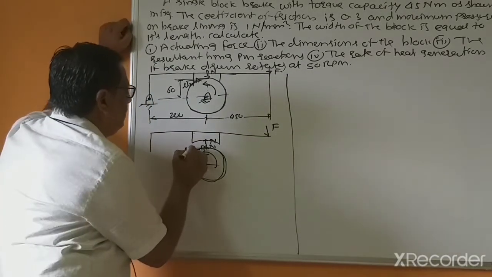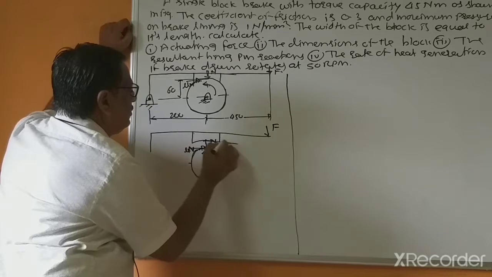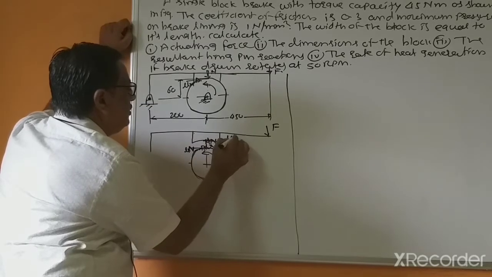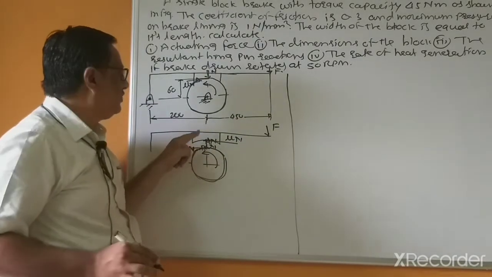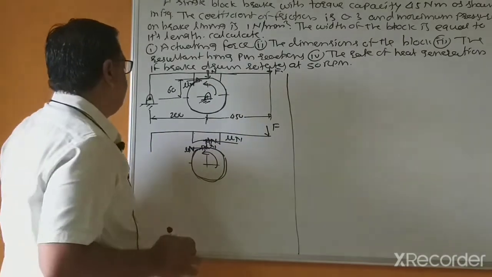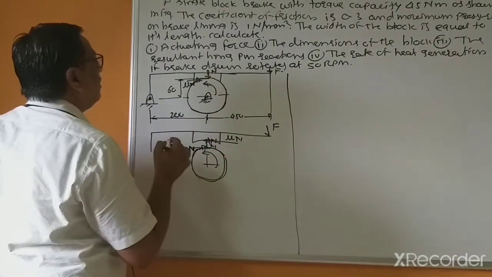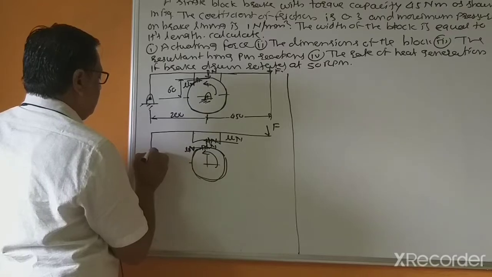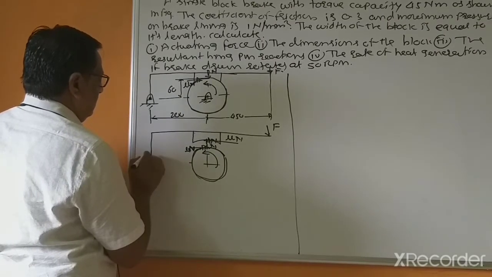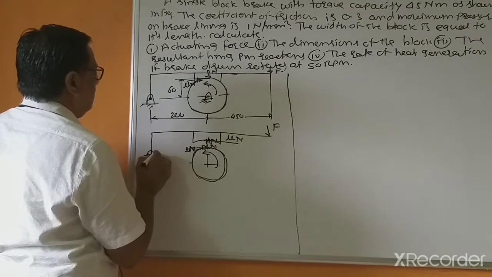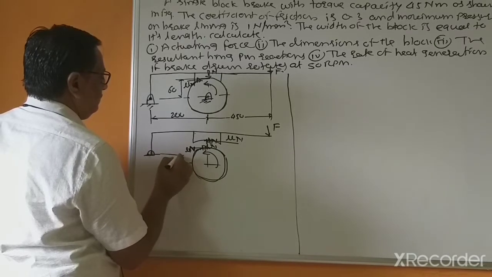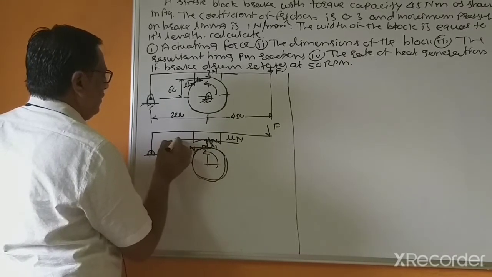This frictional force mu N is opposite to this force, and this distance is 60.